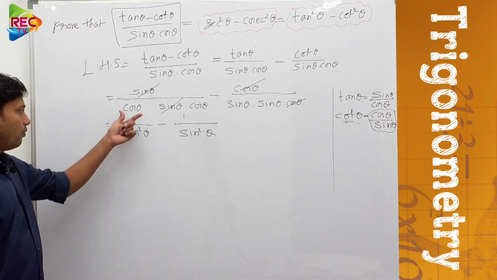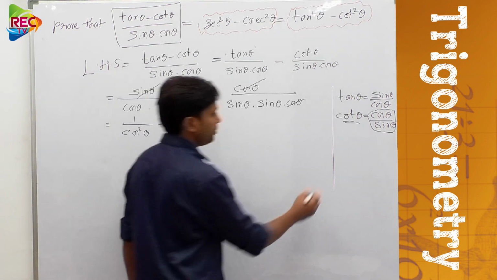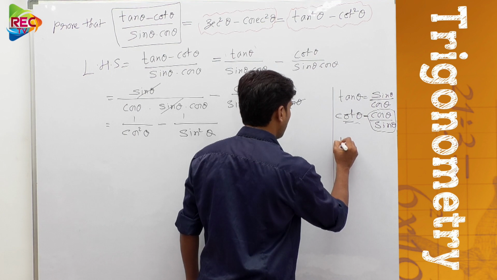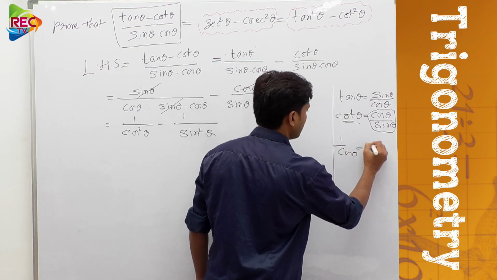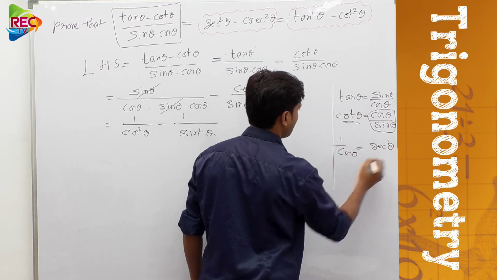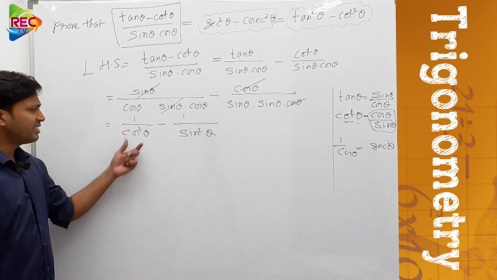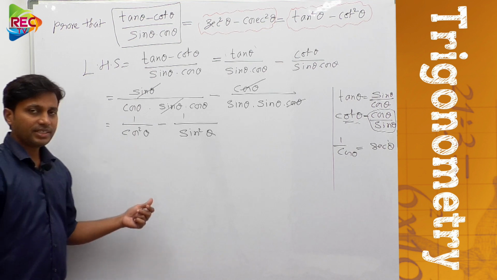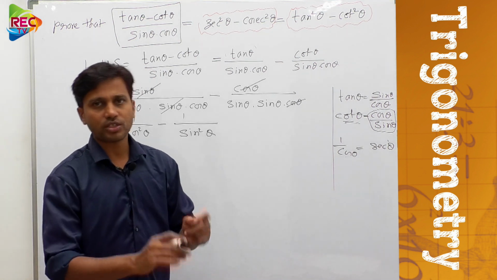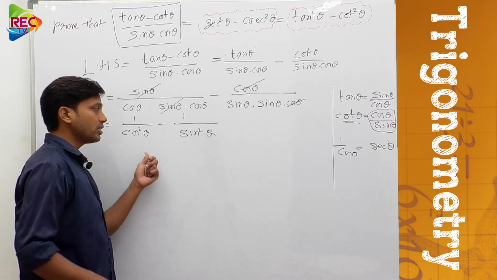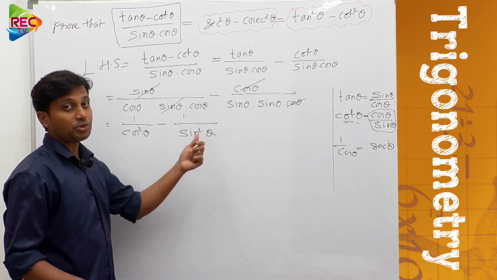Now 1 by cos square theta, as I said, 1 by cos theta will be equal to what? Secant theta. Means on squaring this you get secant square theta, or not? Exactly. Cos theta and secant theta are reciprocals of each other. Therefore 1 by cos theta is equal to secant theta.